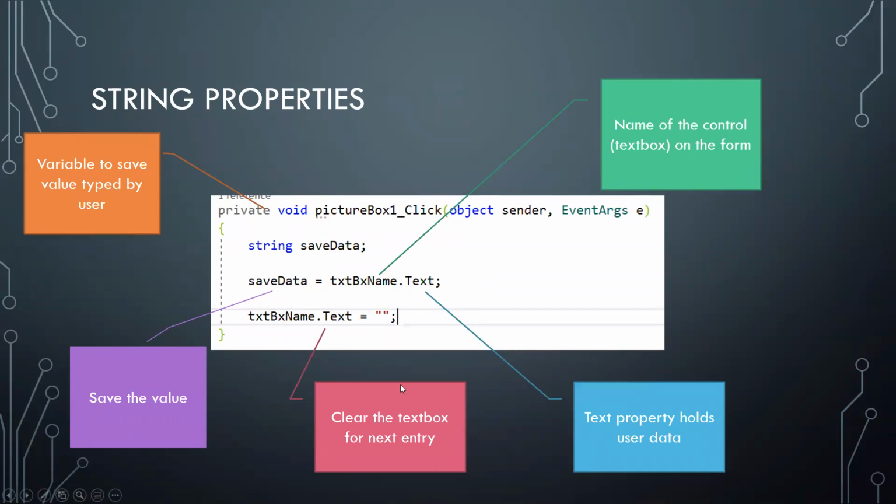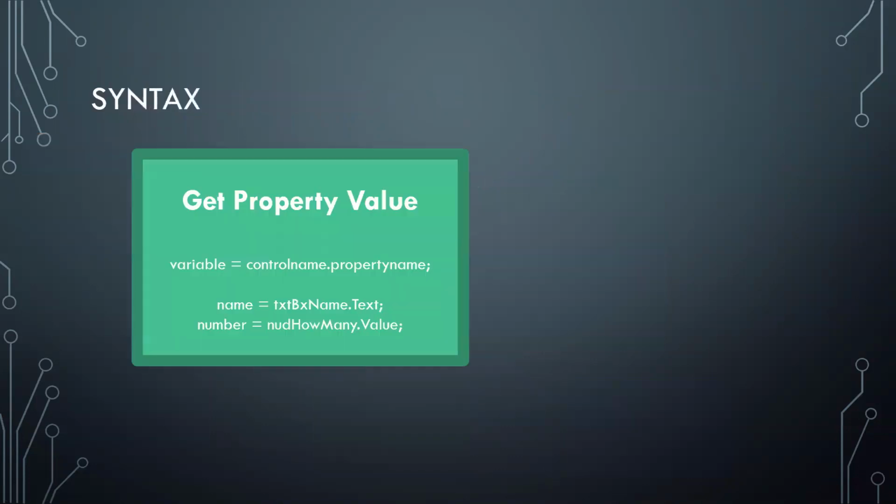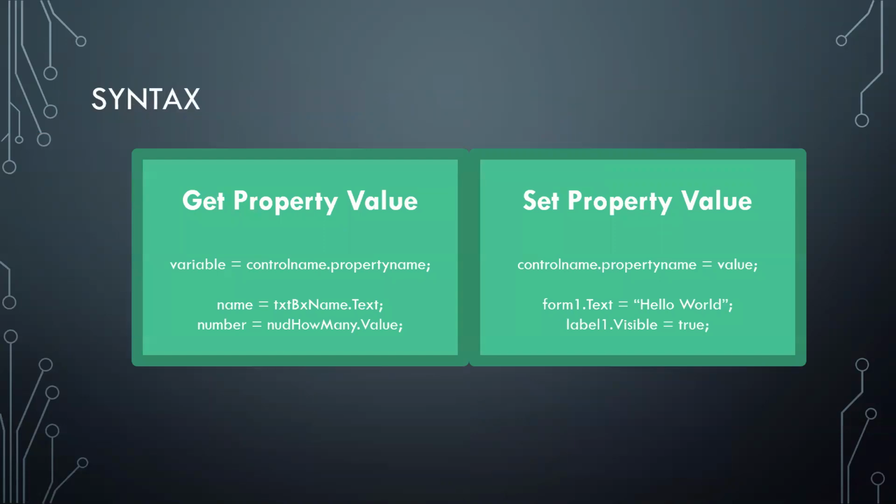In this example, we're clearing the text box by setting it equal to two double quotes. And we also saw that we have a method name associated with text boxes that we can use to clear them. So our total syntax, whenever we're working with form properties, they are just properties, just like a property with a getter and a setter that we would create in our classes.